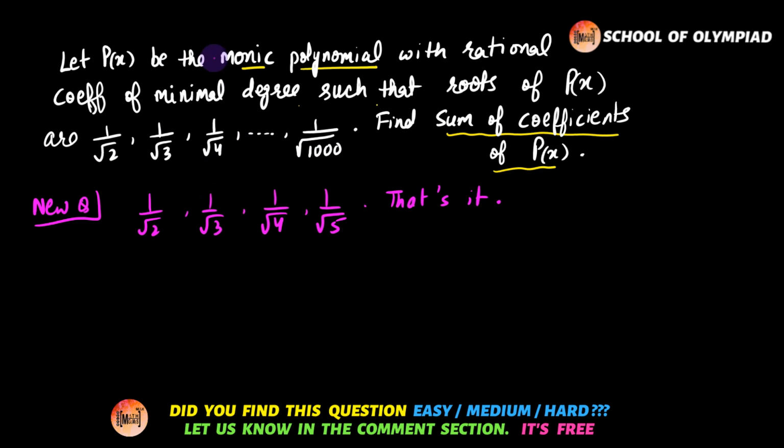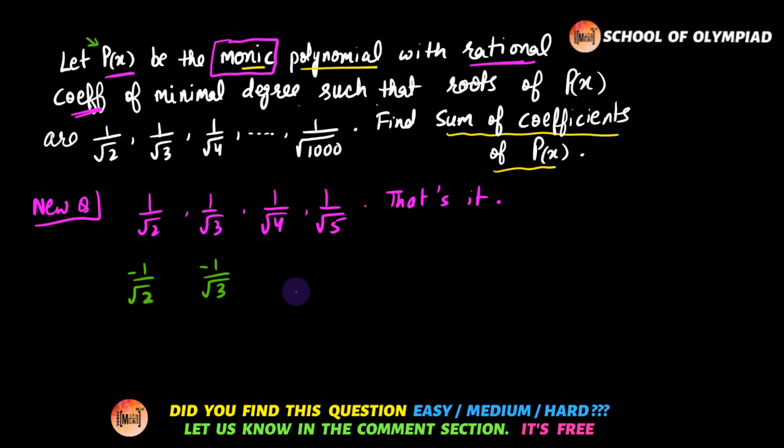Now, because P(x) is a monic polynomial, the leading coefficient of P(x) should be equal to 1. Also, all the coefficients of P(x) are rational, so that implies that if 1 by root 2 is a root, then minus 1 by root 2 should also be a root of P(x). If 1 by root 3 is a root, then minus 1 by root 3 should also be a root.